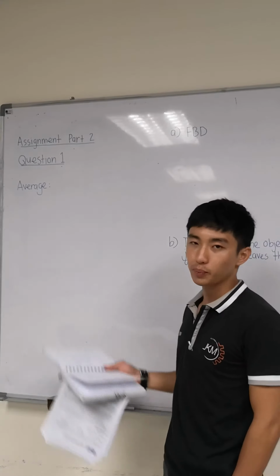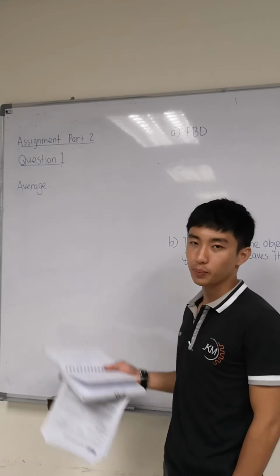Next we go to part 2, question 1a, the free body diagram. Let me show you how it's drawn. The free body diagram looks like this, from A to B, and the height of A is 3.5 meters.